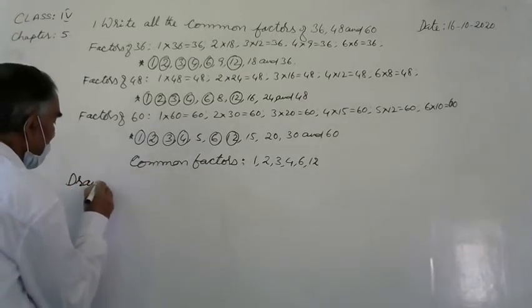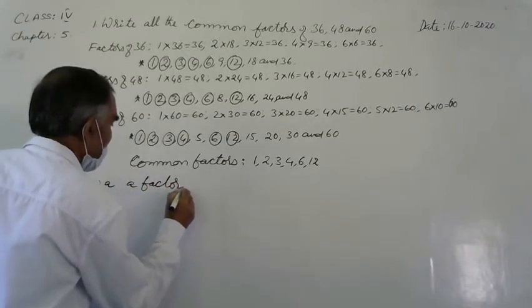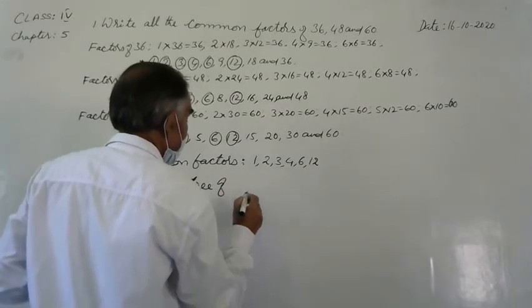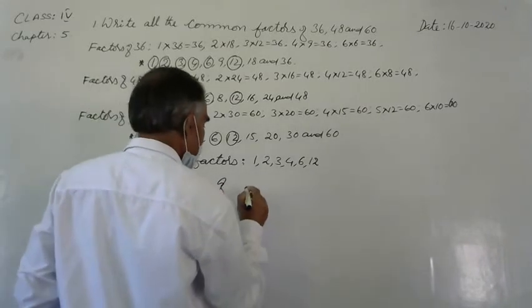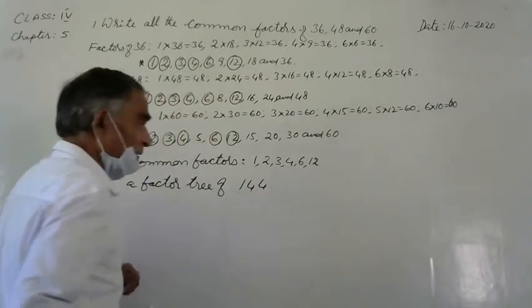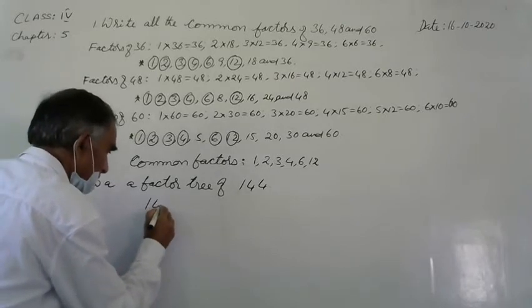Draw a factor tree of, for example, here, 144. While drawing the factor tree of this number, you write 144.